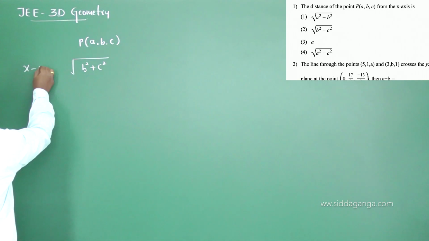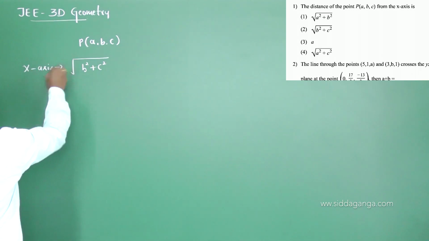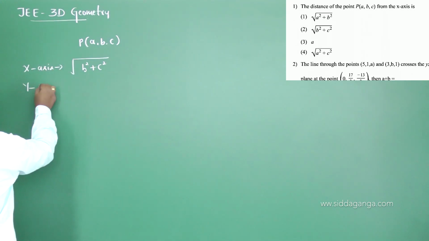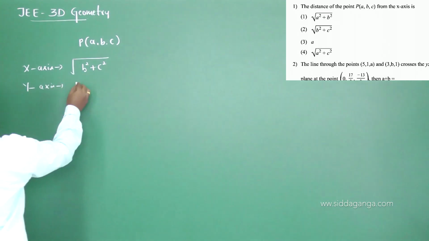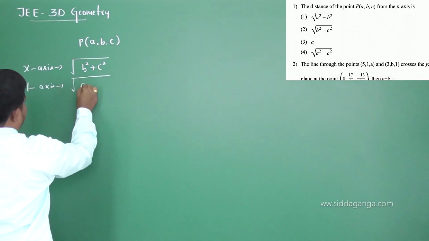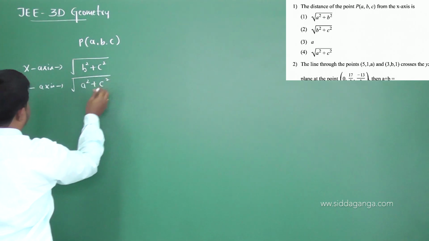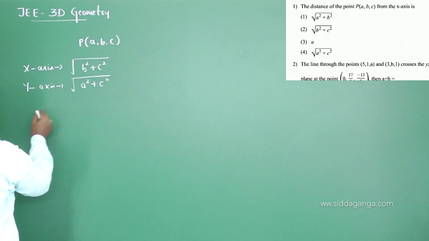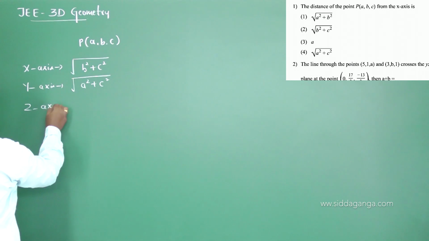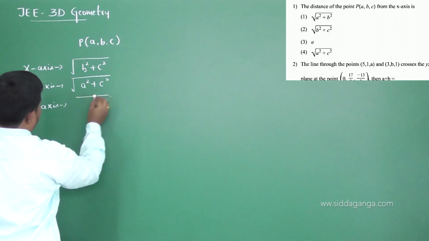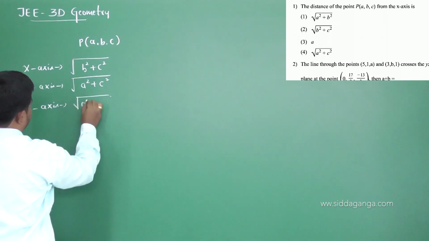The distance between the y-axis and the point is given by root of a square plus c square, and the distance between the point P and the z-axis is given by root of a square plus b square.